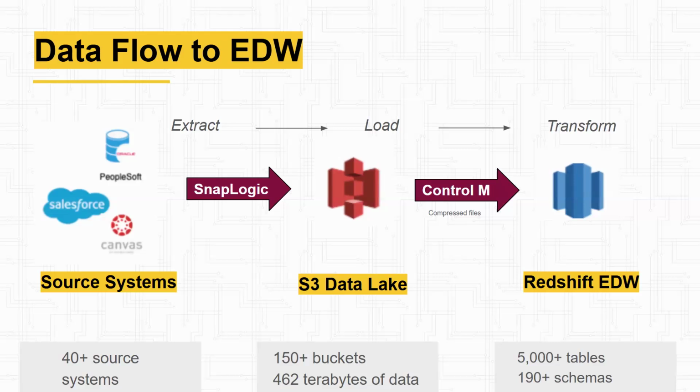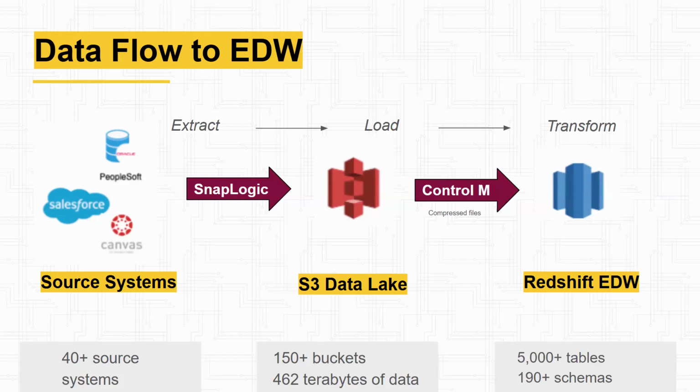So to give some more perspective on how our source systems play with our data lake, I'm going to focus on Redshift here because that is our main avenue of consuming data here at ASU. We first start with source systems. So this could be something like PeopleSoft, Canvas, or Salesforce. We actually have over 40 source systems.